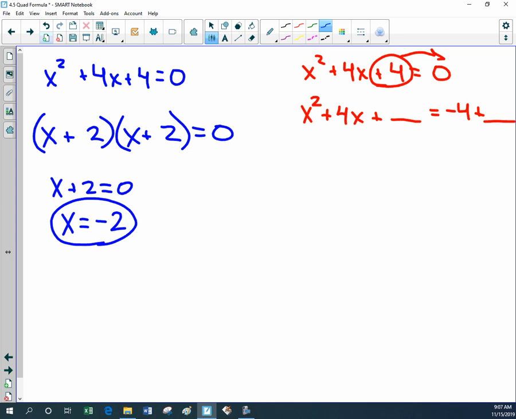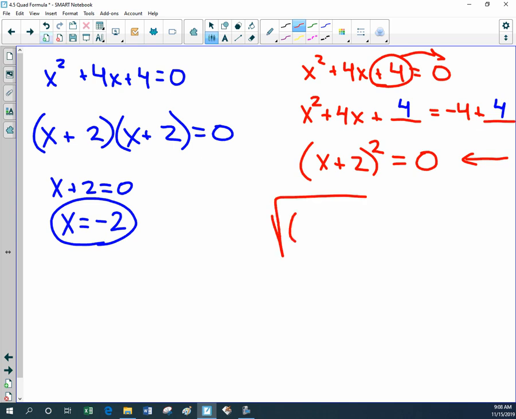So half of 4 is 2. 2 squared is 4. Then factor this. So this would be x plus 2 quantity squared equals 0. And then from here, what's my next step? Take the square root. You gotta remember, completing the square, we're trying to get it to this step right here so that we can take the square root of each side.